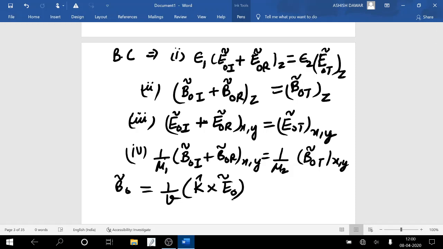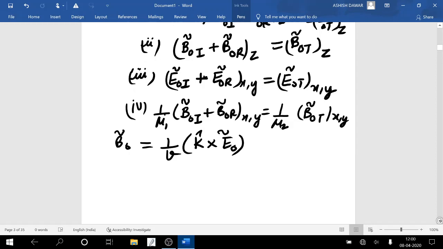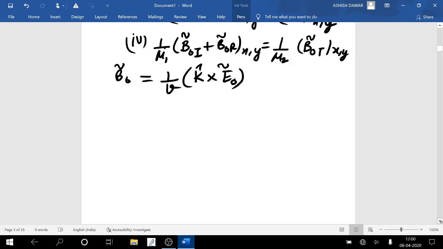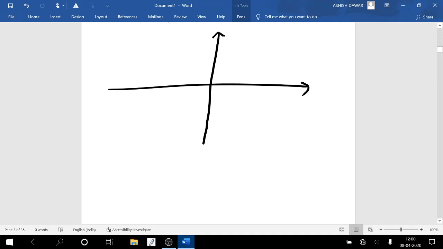Suppose that the polarization of the incident wave is parallel to the plane of incidence, that is the xz plane. Here we draw it. Here again we have the incident wave.